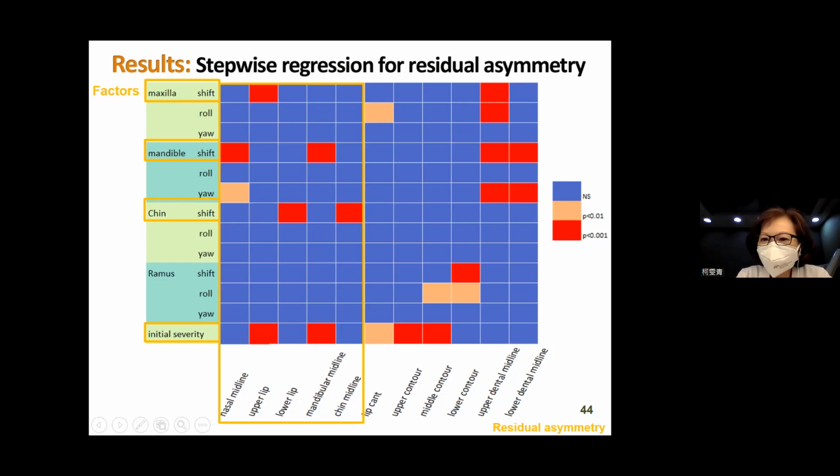As your study has mentioned. So I think genioplasty in face asymmetry is really a final touch where we can do some side shifting, roll and yaw to improve the contour asymmetry.